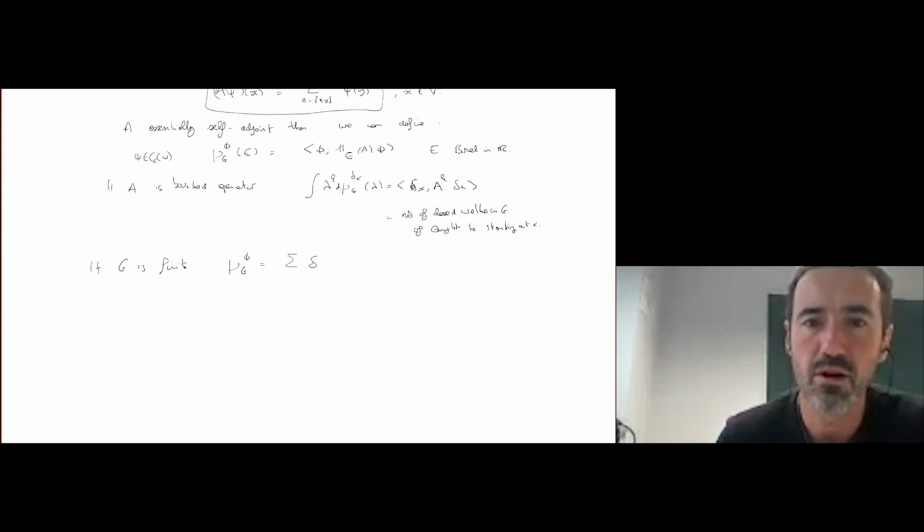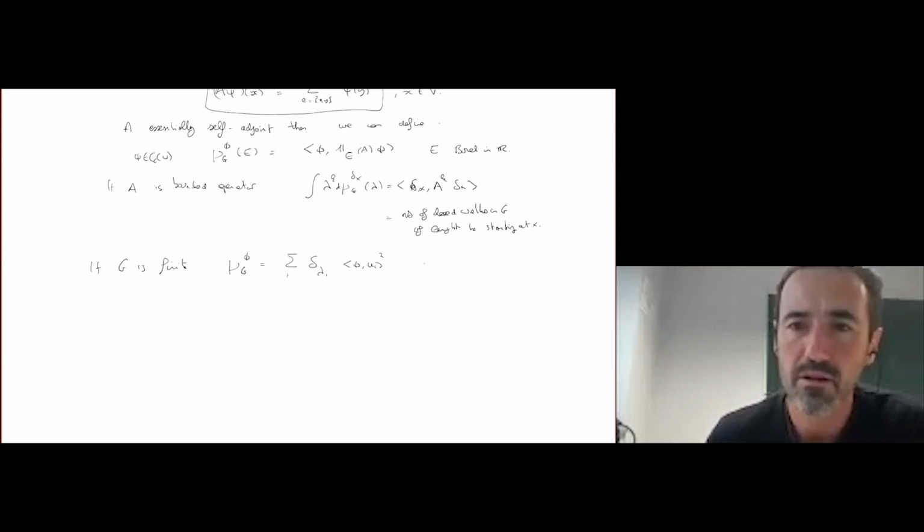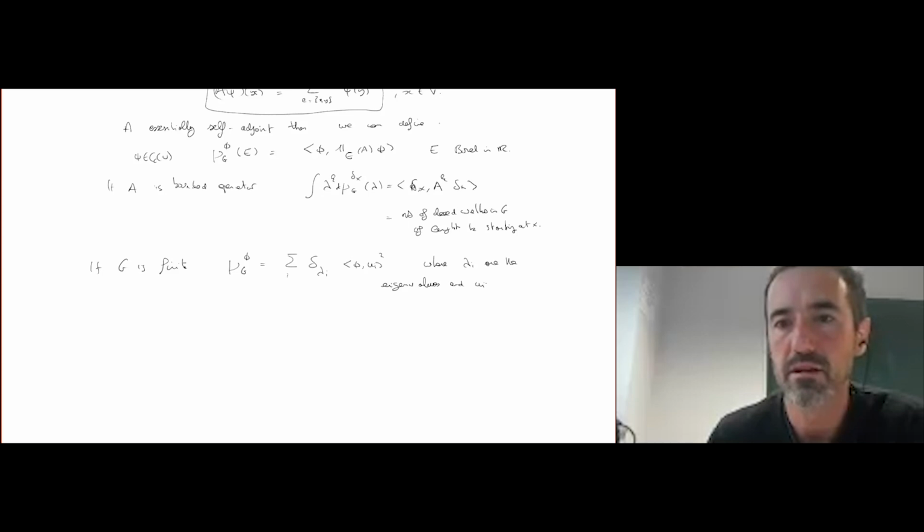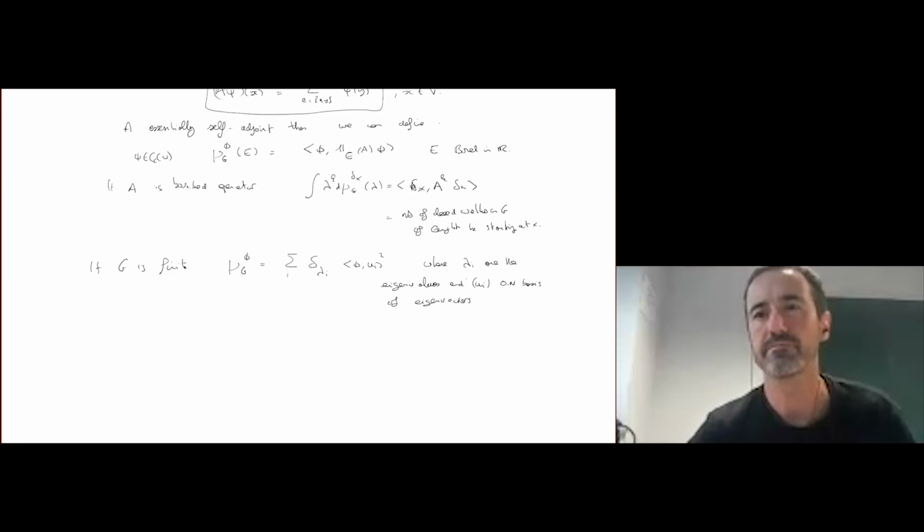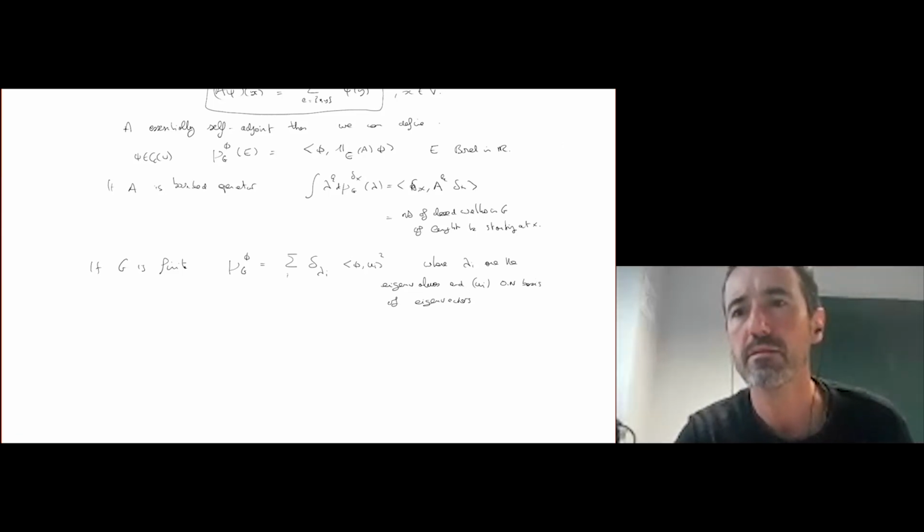It is just the sum over the Dirac masses at the eigenvalues, weighted by the projection of the vector phi on the corresponding eigenspaces, where lambda 1, ..., lambda n are the eigenvalues and u_i an orthonormal basis of eigenvectors.